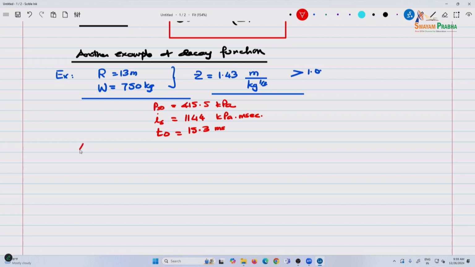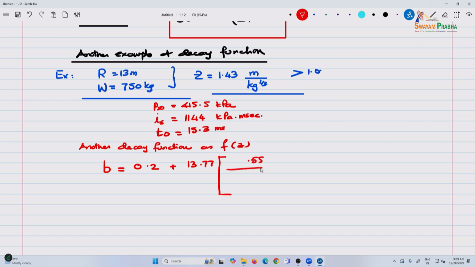So there is another decay function, expressed in terms of Z. It's given as b is equal to 0.2 plus 13.77 times 0.55 divided by 1 plus exponential, e power Z minus 1.13 by 0.18, plus 1 minus 0.55 divided by 1 plus e power Z minus 1.04 divided by 1.83.